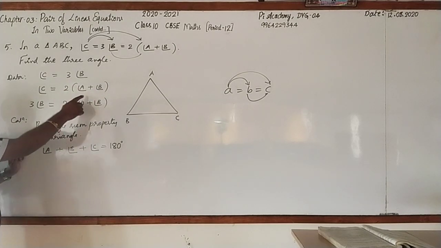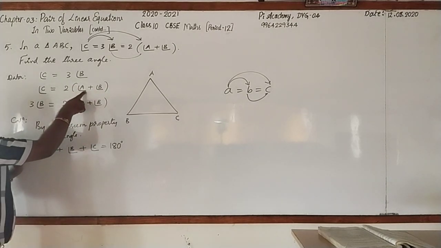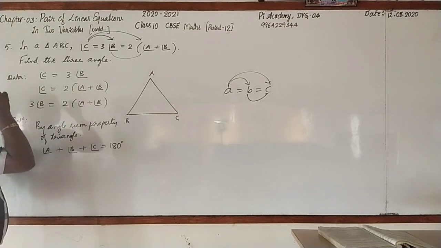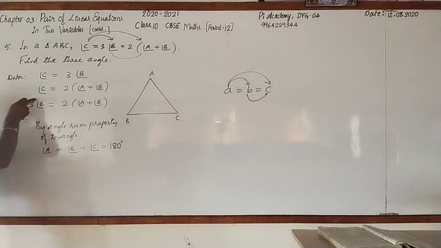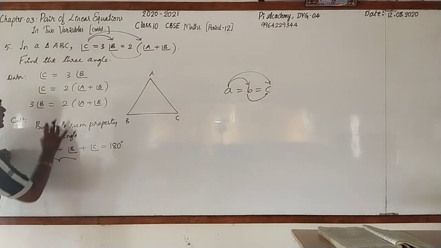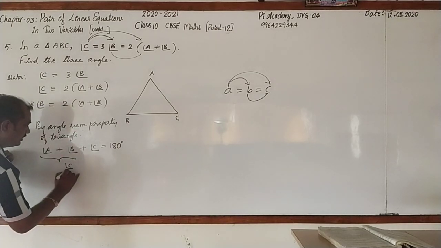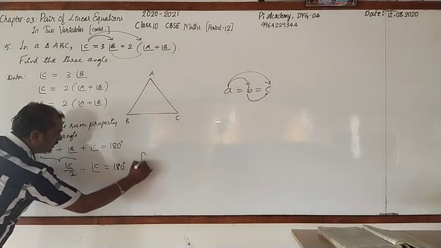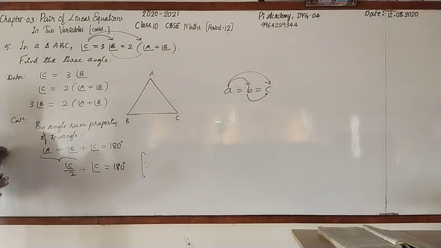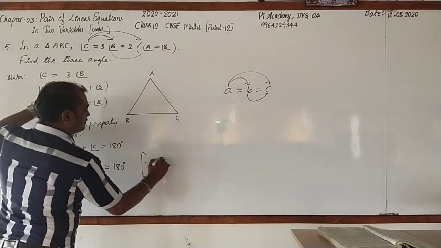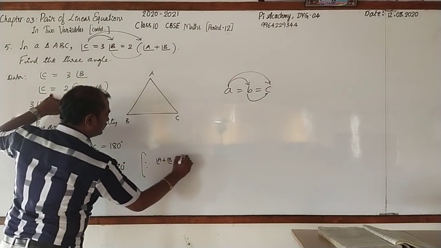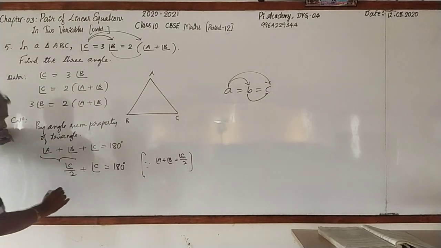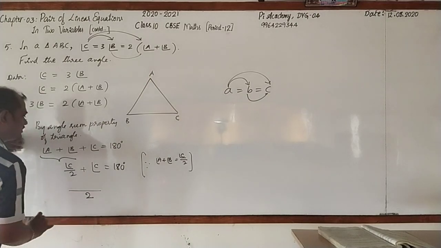Yes, it has been given. That is 2 times of A plus B is equal to angle C. Got it? Then what about A plus B? A plus B is equal to, transpose this, it will be C by 2. Angle C by 2 plus angle C is equal to 180 degree. Did you understand? Very simple. It is because angle A plus B is equal to angle C by 2. Simplify this. 2 is the LCM.